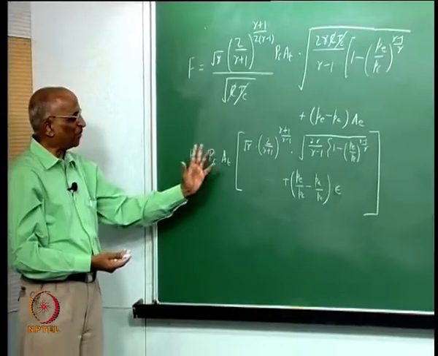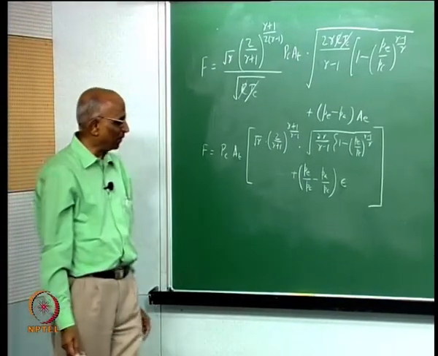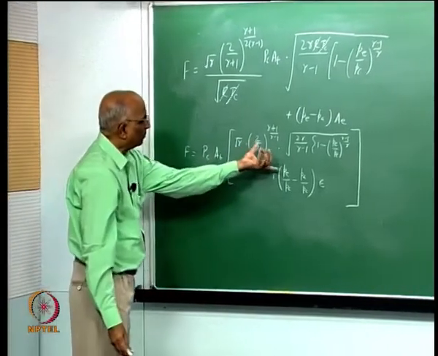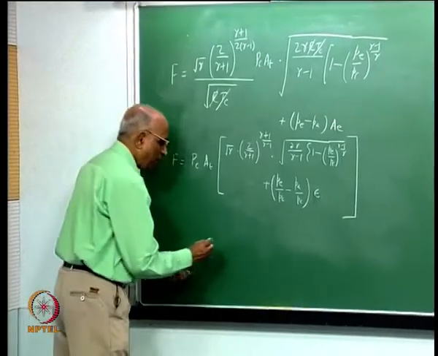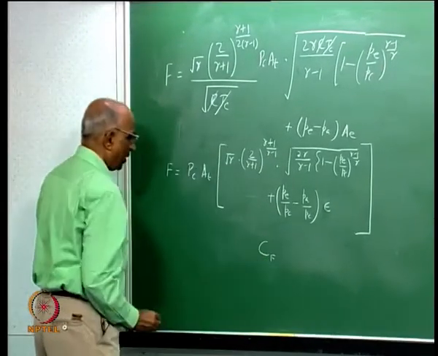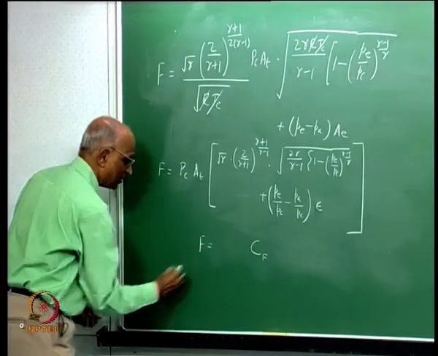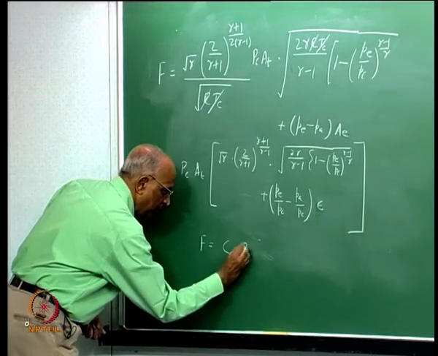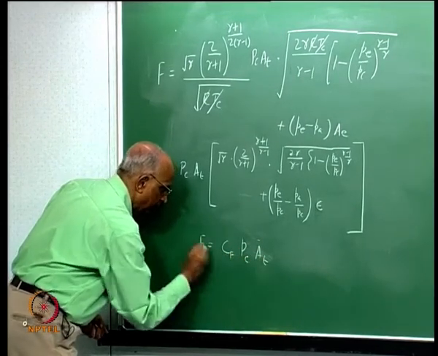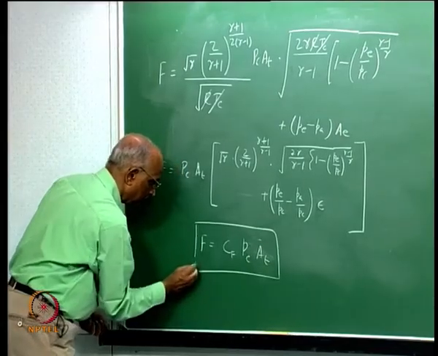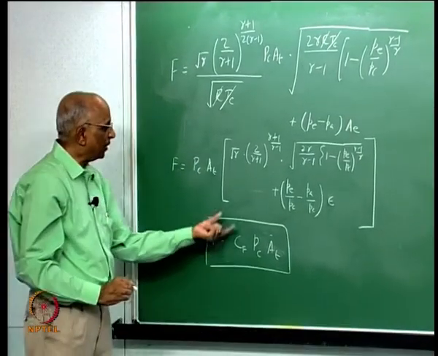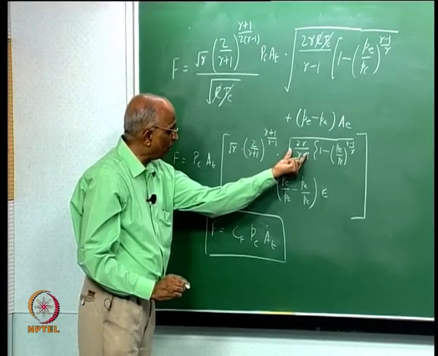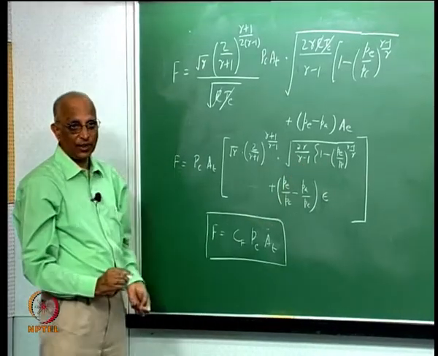Now, let us try to follow it, because we must understand each term properly. This whole term, what I have here, I denote it by a coefficient Cf, and I say that the force generated by a rocket, or thrust generated, is equal to Cf into chamber pressure into At, where Cf is under root gamma 2 over gamma plus 1 into under root 2 gamma by gamma minus 1 to the power half into 1 minus... this is the expression that I get.